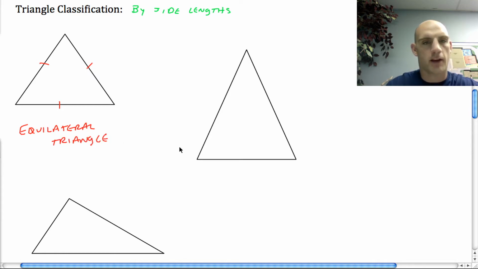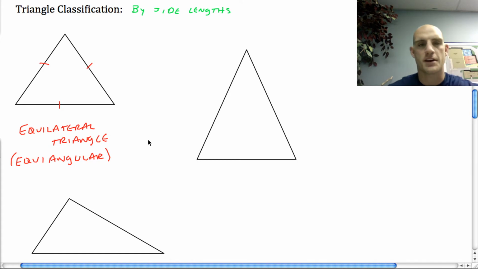And this is an equilateral triangle, just like up above. And what we know is that if it's equilateral, we can also call it equiangular, because if the angles are equal, then the sides are equal. If the sides are equal, then the angles have to be equal. Okay, so it has 3 congruent sides.